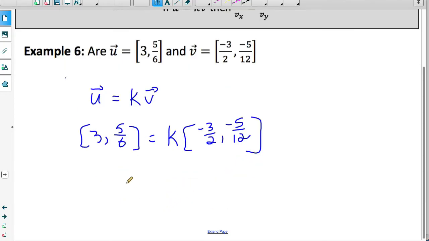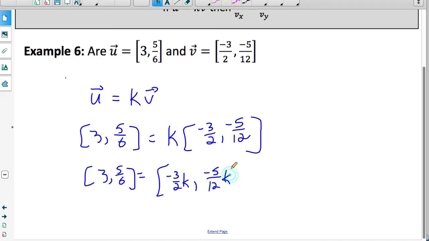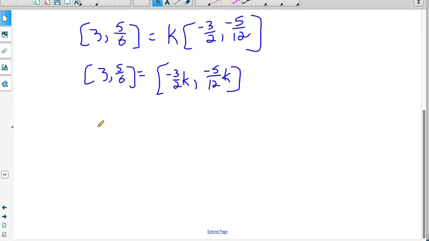So how can we check if this is true? Well, remember, when you do a scalar multiple of a vector, the x and y components get multiplied by that scalar. So 3, 5 over 6 must be equal to negative 3 over 2 times k, negative 5 over 12 times k. And now we need to check, is there some value of k that makes this true?